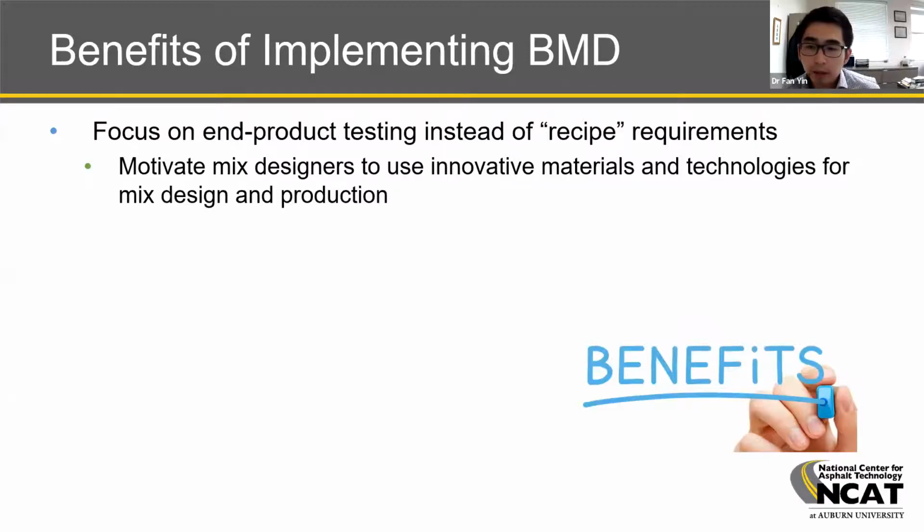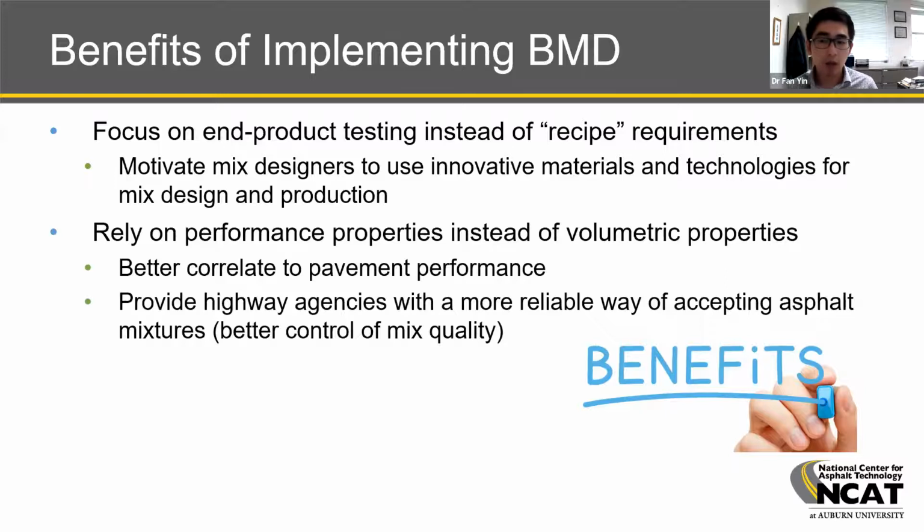So what about the benefits of implementing balanced mix design? With balanced mix design, we focus on end product testing instead of specifying the recipe requirement. So it provides innovation potential to the mix designers so that they can look into innovative materials and production technologies for mix design and production. And it also provides a benefit to agencies: by doing performance testing and relying on the performance parameters instead of volumetric parameters, we have a better correlation to the field performance, okay?